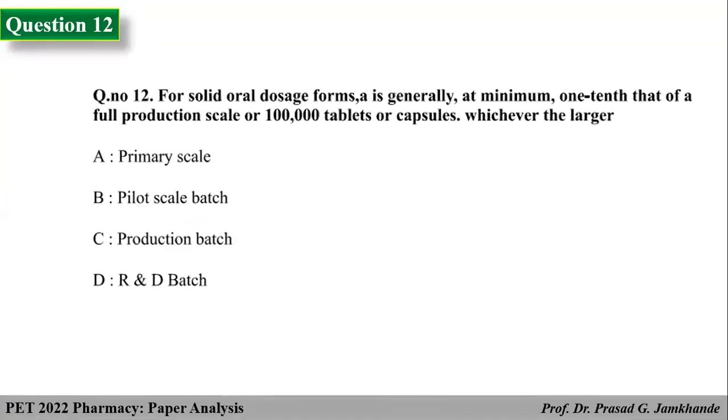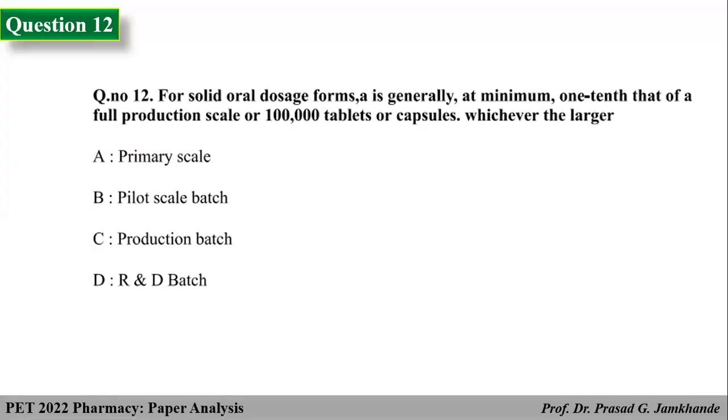For the solid oral dosage form, A is generally at a minimum one-tenth that of full production scale, or 1 lakh tablets, or whichever is larger. This particular condition represents which batch or scale? In case of the primary scale, we produce a very small number of dosage forms.